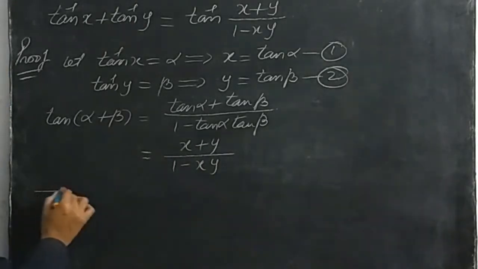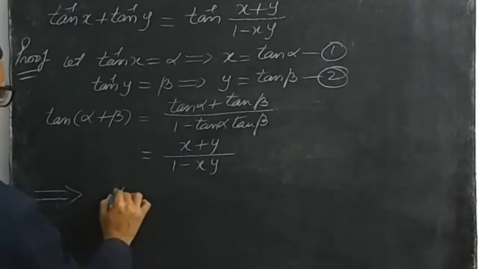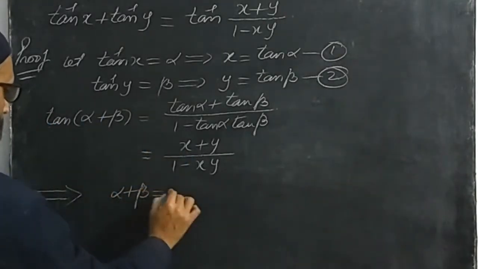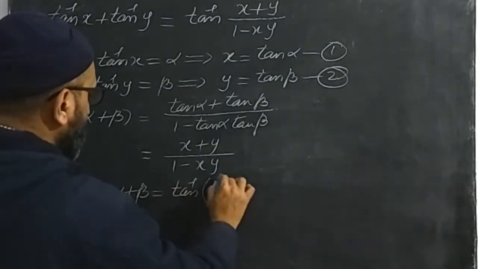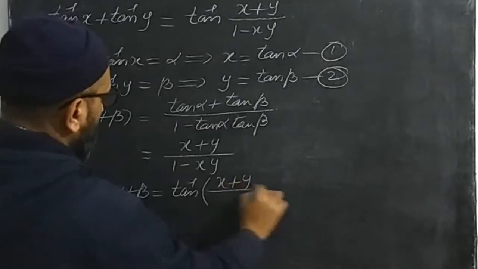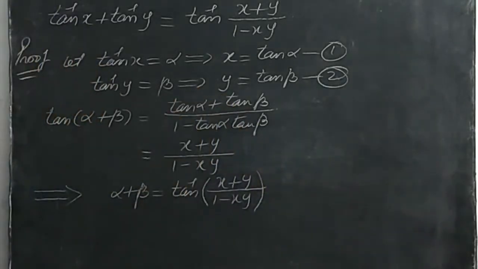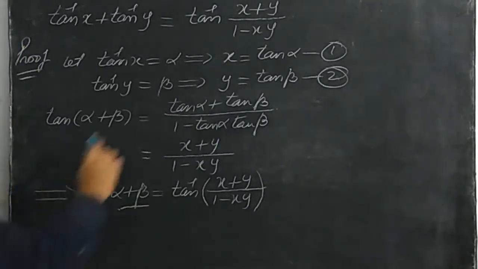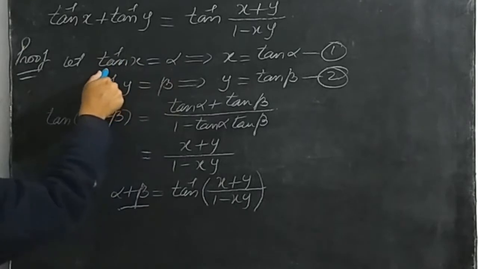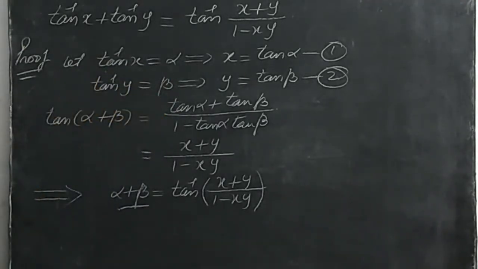So by the inverse trigonometric functions concept, we have to transpose tan to the right hand side. It becomes alpha plus beta is equal to tan inverse of x plus y upon 1 minus xy. Now here in this expression we have to substitute alpha as tan inverse x and beta as tan inverse y, as we have assumed in the beginning.